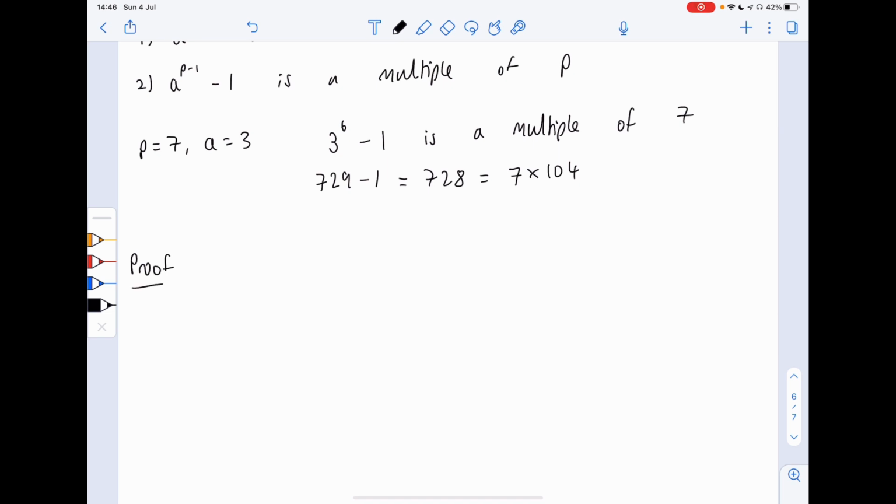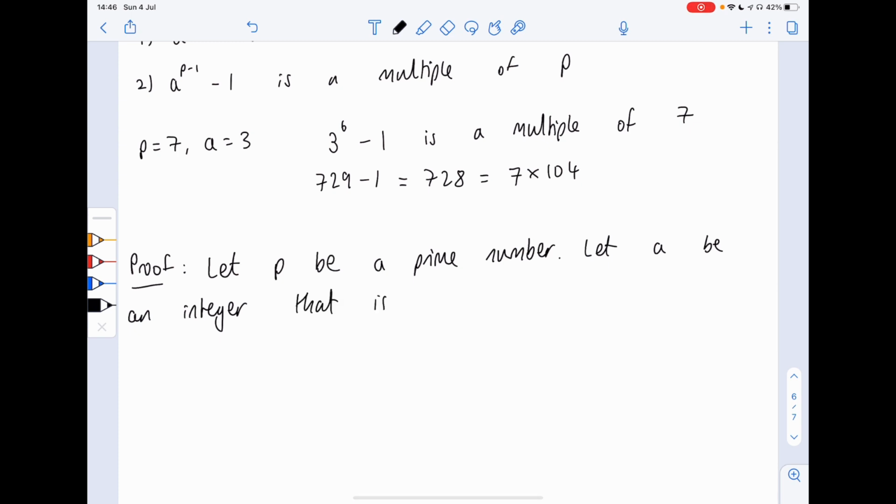So proof. We're going to start by letting p be a prime number. Okay, this seems like a nice place to start. And we're also going to let a be an integer that isn't a multiple of p.